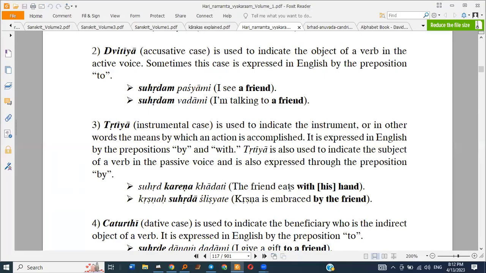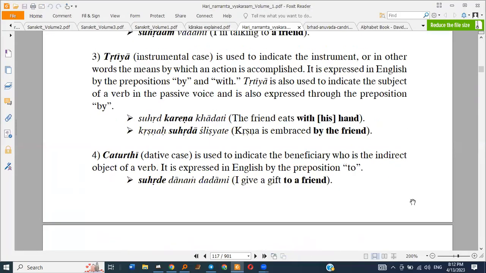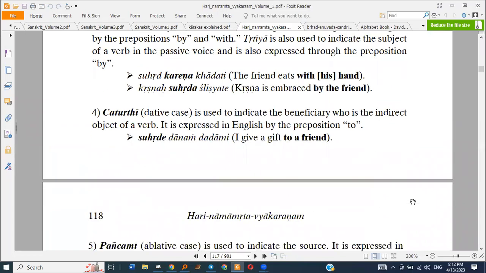Then the fourth case is Chaturthi. Dative case is used to indicate the beneficiary who is the indirect object of a verb. It is expressed in English by the preposition to.